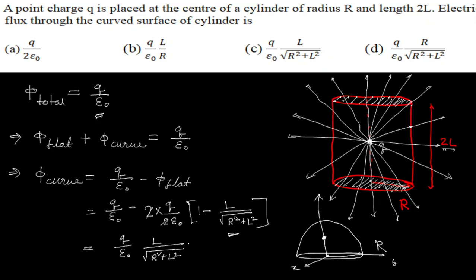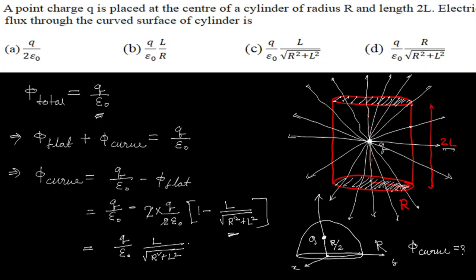If we place a point charge q on the z-axis at a distance r by 2 from the origin, then you have to write the flux through the curved surface of the hemisphere. So what will be the flux through the curved surface of the hemisphere?